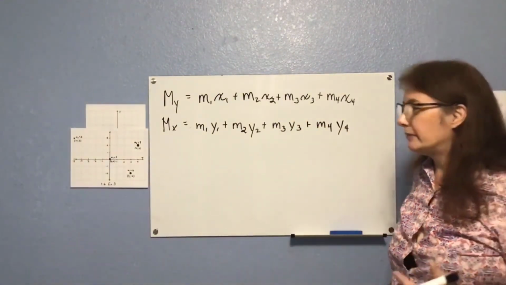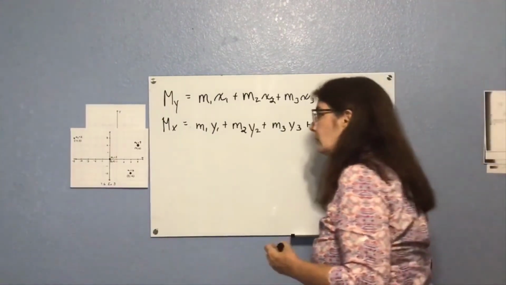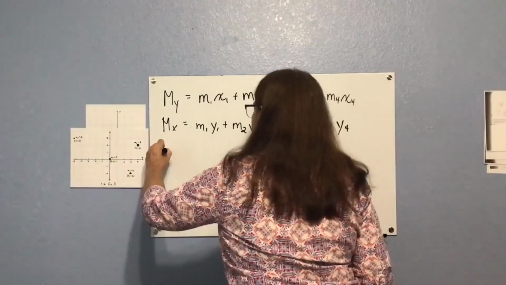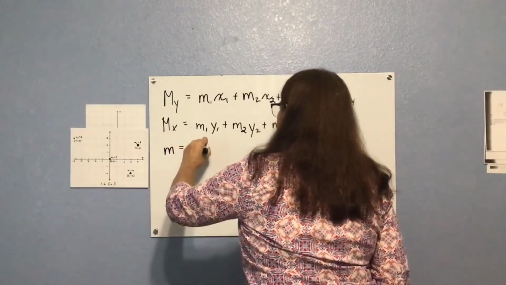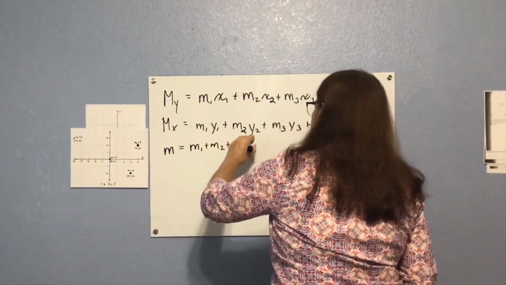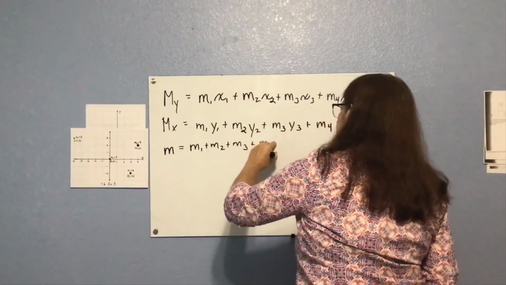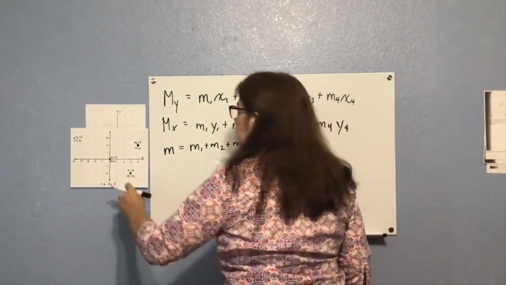Okay, and we want to find the center of mass. We're also going to need to know the total mass of the system. So my total mass is M1 plus M2, M3, and M4. Okay, this is the easiest calculation. Let's do this one first.